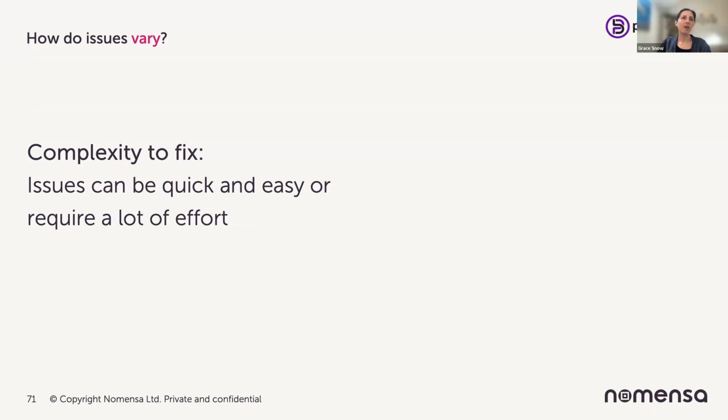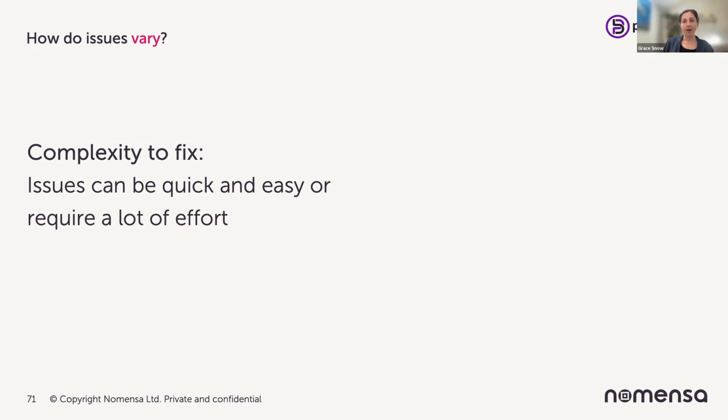And then the last thing we have to start thinking about is the complexity to fix. So issues can be quick and easy, or they can require a lot of effort. And this is where I will have to take my best guess. When I first prepare ahead of a prioritization workshop, I will estimate how quick and easy I think something will be.